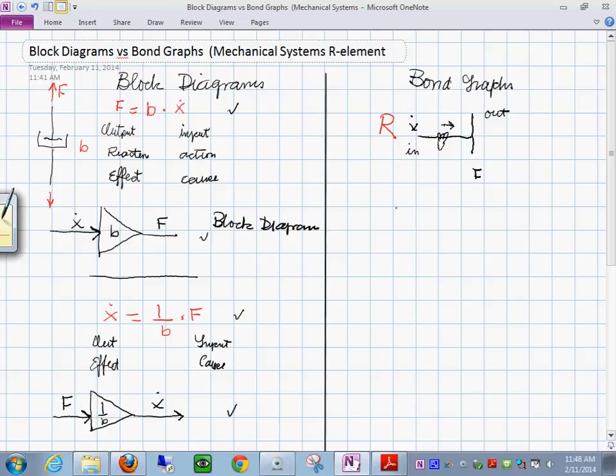So if this is the case, you have the equation that F is equal to B times x dot. So this corresponds to this block diagram, and you may say this is equivalent like this.